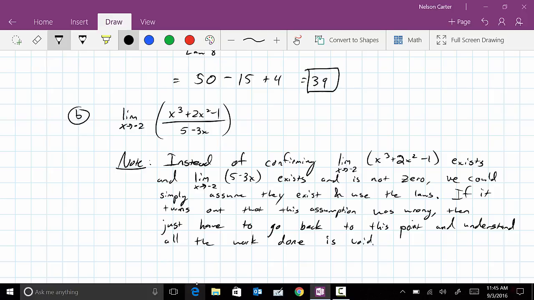So in other words, the point is instead of having to go and confirm that the top's got a limit, the bottom's got a limit, that the limit of the bottom is not 0, we can just assume that all those things are okay and then just work it out.